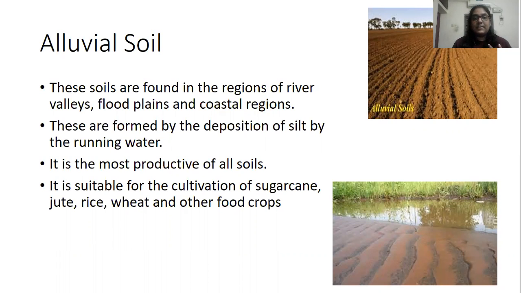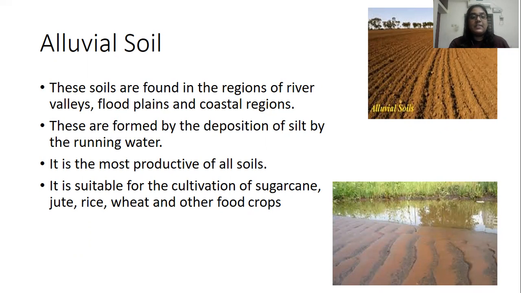River valleys means next to rivers, right? River banks you can find alluvial soil. Coastal regions means regions which lie next to sea. And floodplains also. So river valleys, floodplains, and coastal regions are the places where you can find alluvial soil.